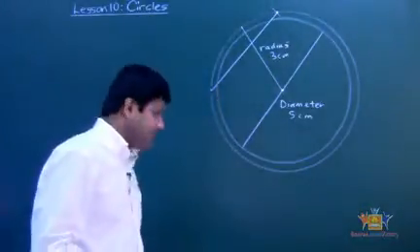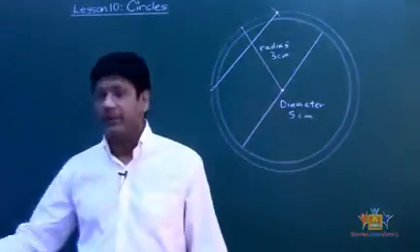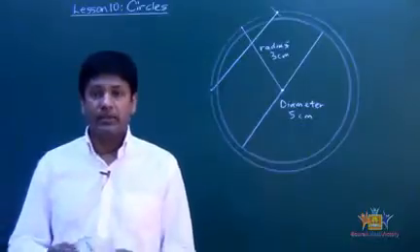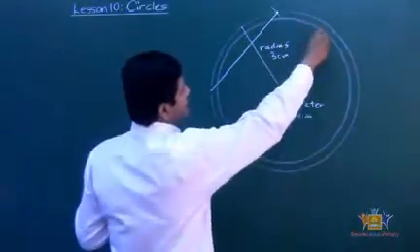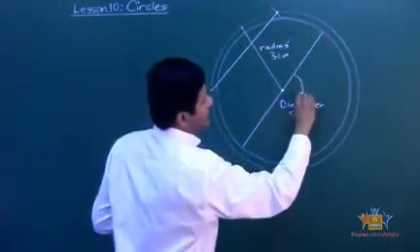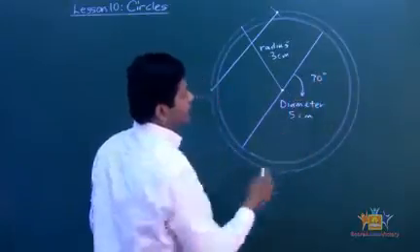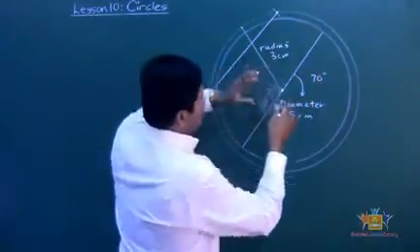In order to find the 70 degrees angle, we need what? Protractor, because the protractor has the angles in it. So this is our starting point, and then we want to find the 70 degrees. I take the protractor and position the 0 first at the center.